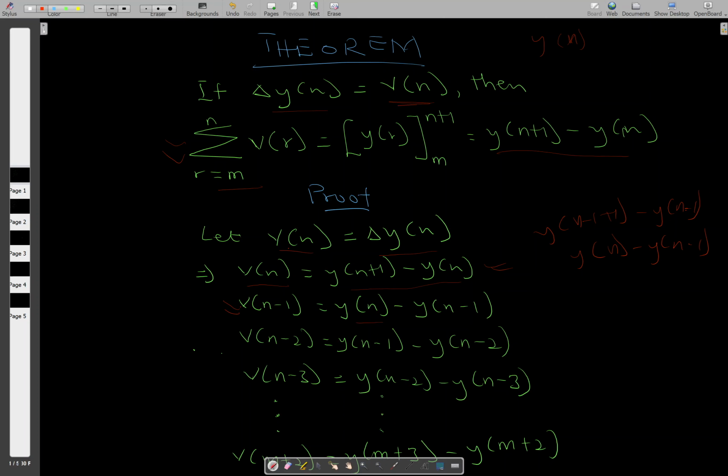Now v of n minus 2 will be y of n minus 2 plus 1 minus y of n minus 2. But n minus 2 plus 1 is n minus 1. Okay, so v of n minus 3, we will get this.